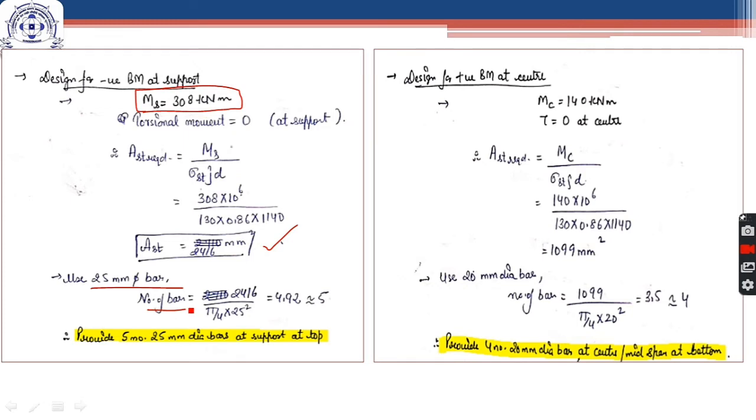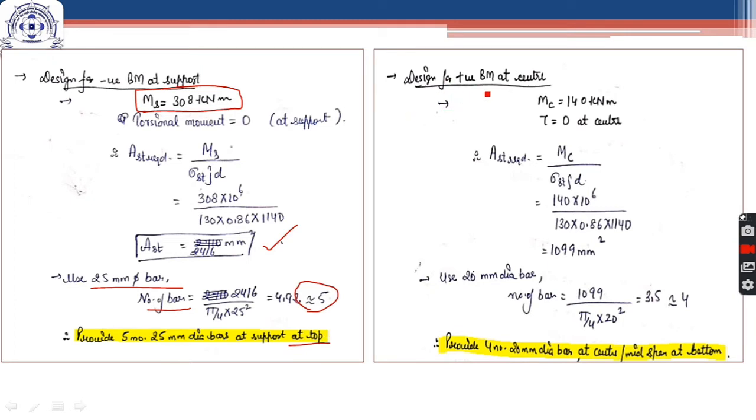Again, I am stressing here that we are designing a beam, so we have to calculate the number of bars. So you must always have clarity in your mind which component you are designing. So this is a beam, so we are calculating number of bars, which are coming out to be 5. So provide 5 numbers of 25 mm dia bars at support at top. Why at top? Because this is negative bending moment, so it will be provided at top.